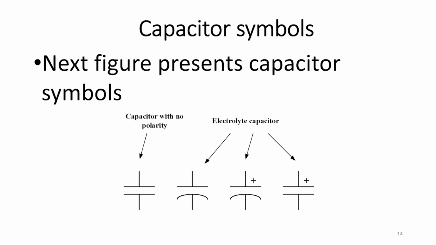The next figure presents capacitor symbols. See that a capacitor with no polarity is symbolized by two straight lines with no polarity sign. The other three symbols on the right are symbols of electrolyte capacitors.